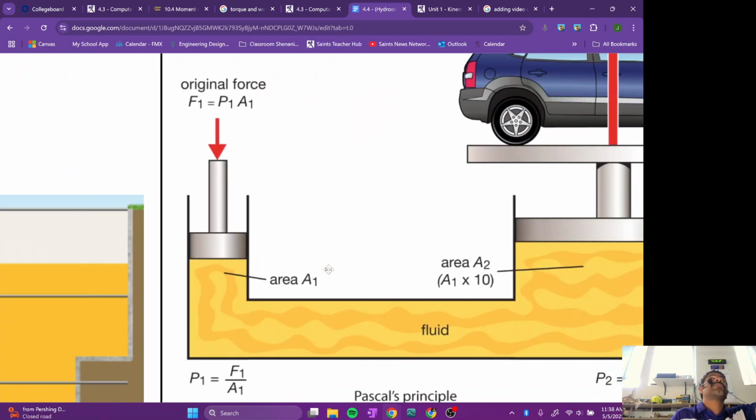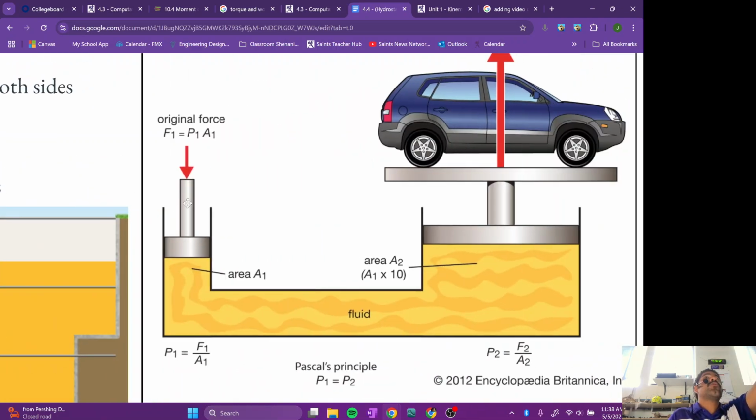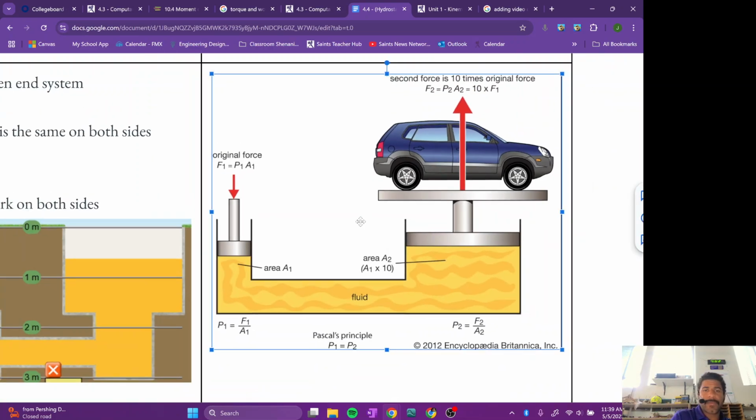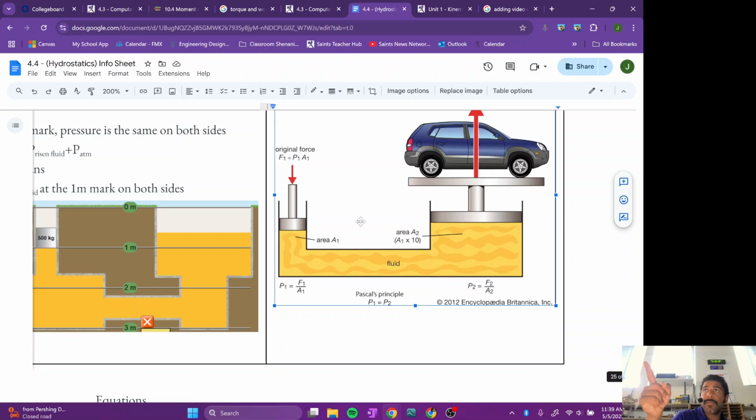It's the same thing over here. When you put in more displacement over here, this is going to rise up just a little bit. So that's why when you have a jack and you're cranking it over and over again, the car rises up slowly. And that's about it. Same thing with bike pumps, exactly.